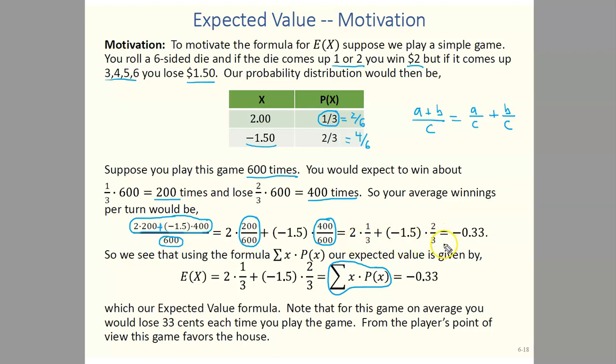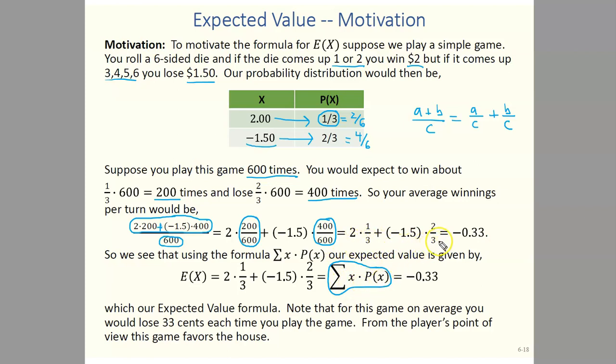Well, look at what we have here for our average outcome per turn. 2 times 1/3, that's 2 times 1/3 up here in our table, plus negative 1.5 times 2/3. That's exactly the formula, the sum of x times p of x.